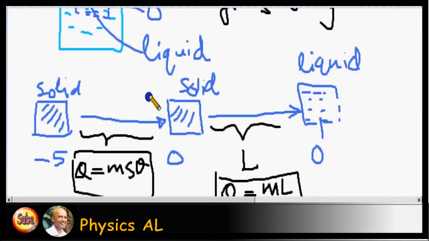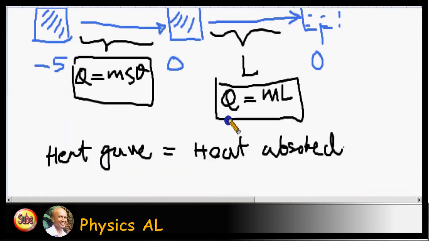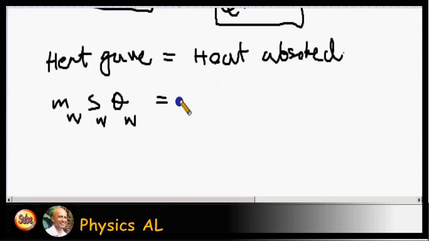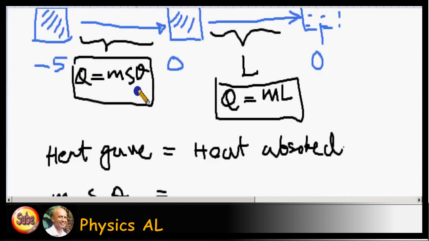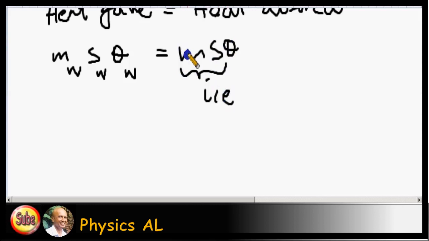So heat gave, who gave heat? Water, only the m s theta part. Then m of water, s of water, theta of water. That's only for the left side. Heat absorbed, these both equations we have to write: m s theta of ice plus m L of ice.